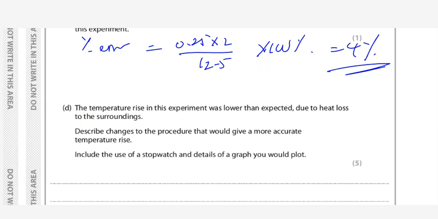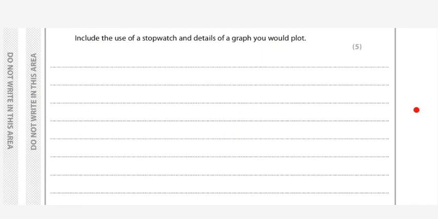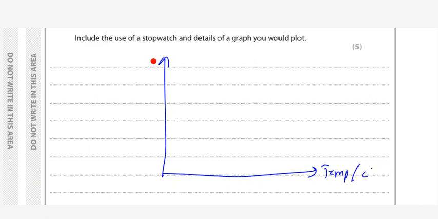So what you get is a graph like this. You can just draw a rough sketch as well. Temperature in Celsius, and the time. The independent variable is time.